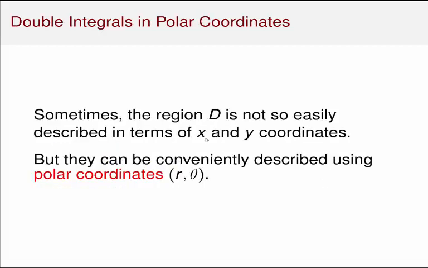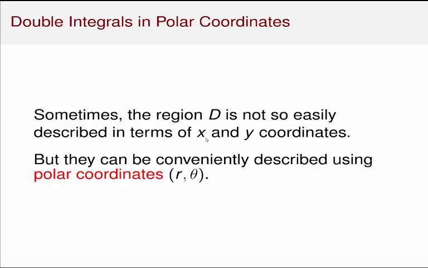Now, sometimes a plane region D may not be so easily described in terms of the usual X and Y. In other words, we may not have a nice description of D as a type 1 or type 2 region. And consequently, we may not be able to compute the double integral over D in terms of the usual X and Y. However, in such cases, sometimes they may be conveniently described in terms of the polar coordinates.